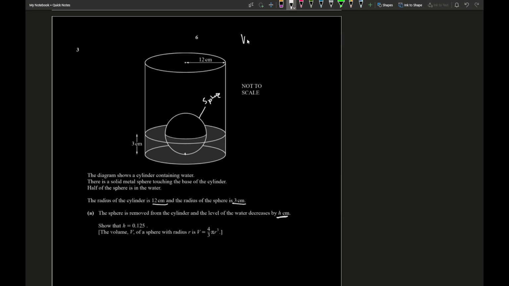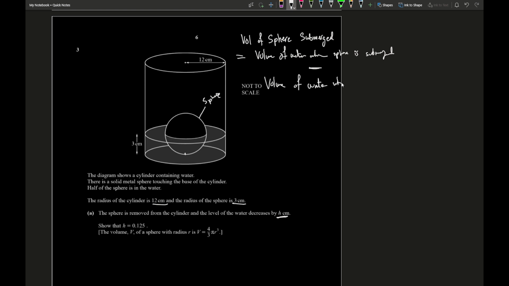So basically, the volume of the sphere submerged is equal to the volume of water when the sphere is submerged, minus the volume of water when the sphere is removed.